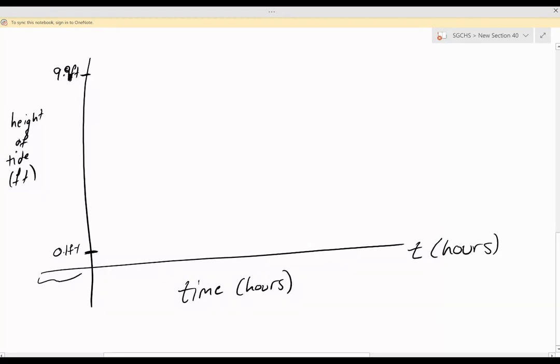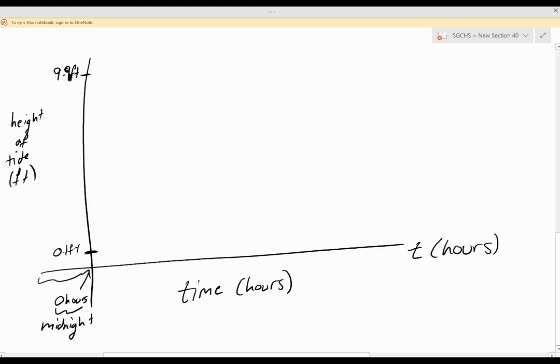Now recognize we're not doing a 12-hour clock, okay? We're not doing 1 p.m., 3 p.m. We're doing more army time. So this is 0 hours, which is also known as midnight. And then we'll just be increasing, going to 6 hours, 12 hours, 14 hours, and so on.